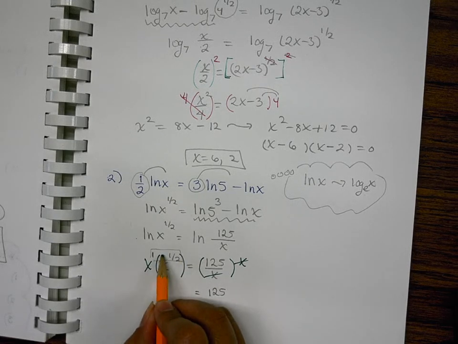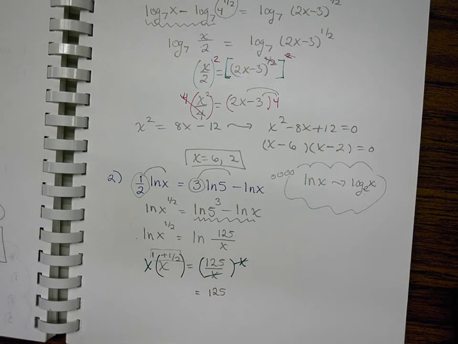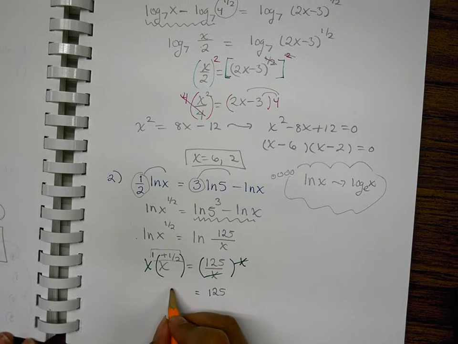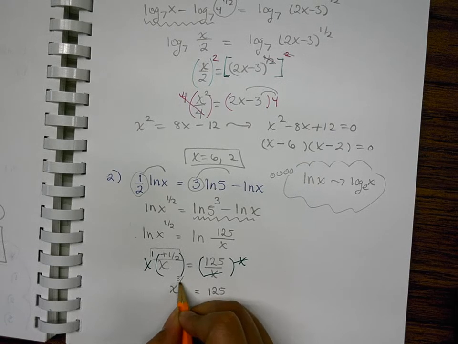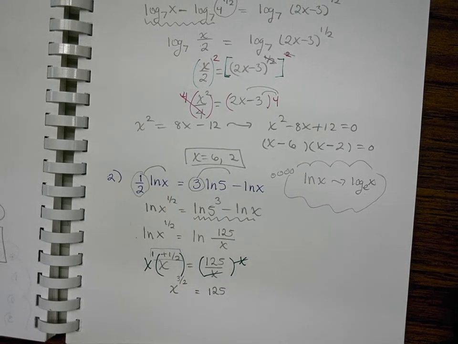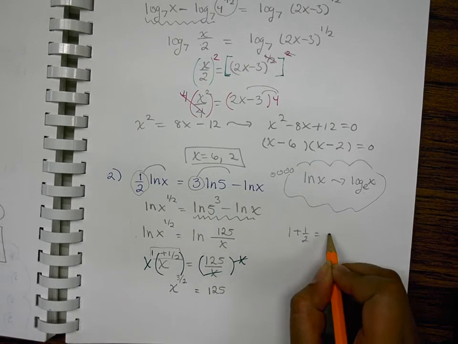And because these are like bases, what do I do with the exponents? Add them. Because I'm multiplying like bases, I'm going to add the exponents. 1 plus 1/2 is 1.5, which is the same as 3/2.